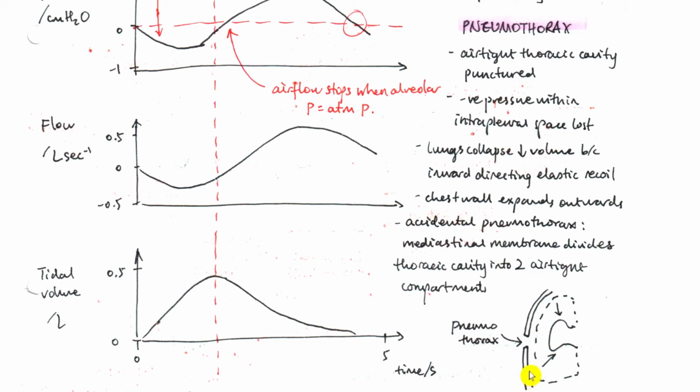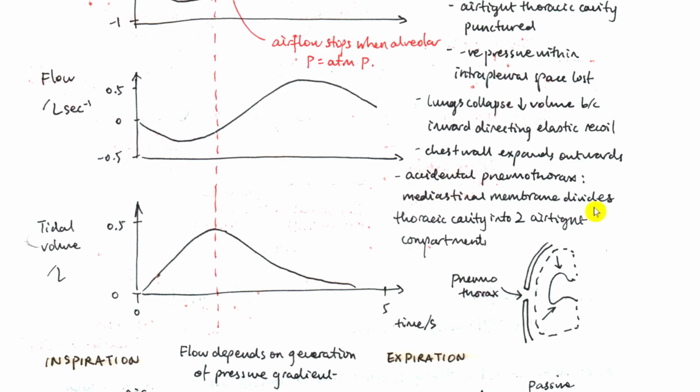So what that means is that the chest wall wants to bound out, the lungs want to collapse in because there's not that sucking pressure in the intrapleural space. So the lungs collapse and decrease in volume because of the inward directing elastic recoil. Now the chest wall expands outwards, and accidental pneumothorax can be very devastating because if you don't have that pressure, that airtight cavity, you can't breathe.